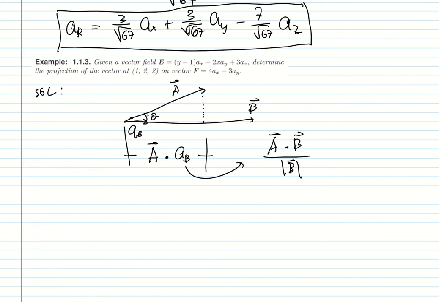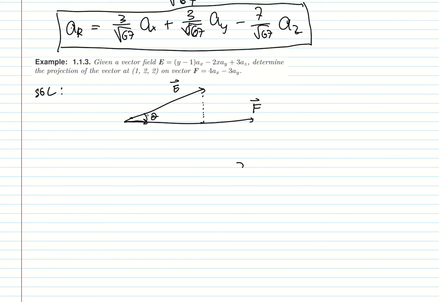So in this example, this one should be E. And we want to determine its projection on vector F. This is what we want: we want to determine this length here, from here to here.